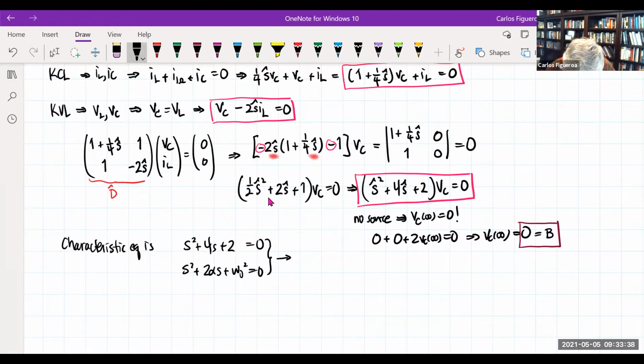So this tells me here that 2 alpha must equal 4 and omega squared has to be equal to 2. So then I'm seeing here that alpha is 2 and that has to be greater than omega naught, right? And then omega naught here has to be the square root of 2. So then this tells me that it's overdamped.